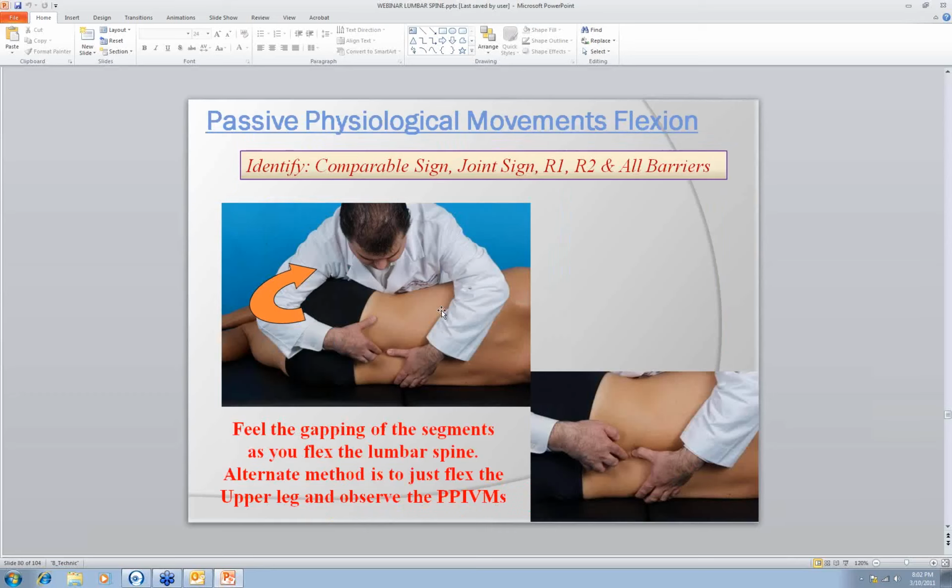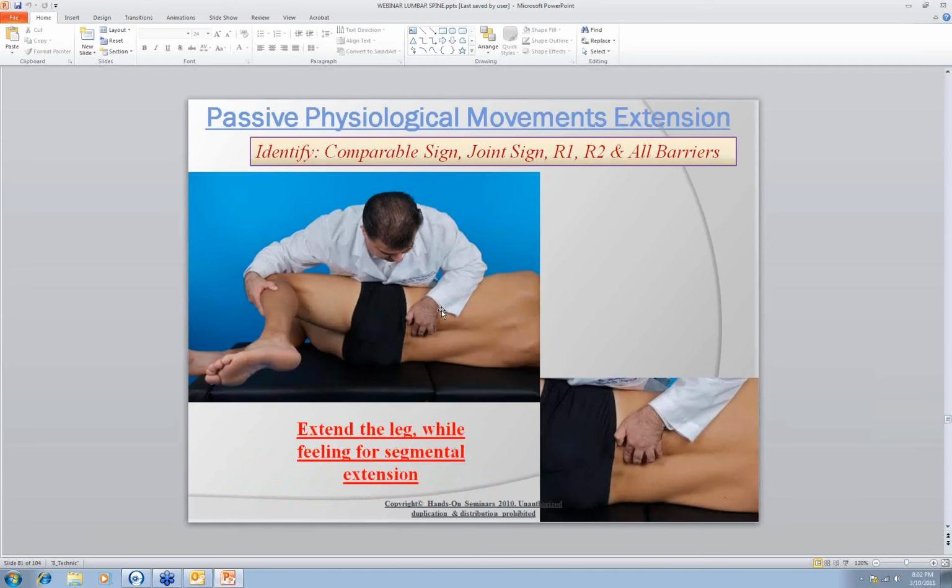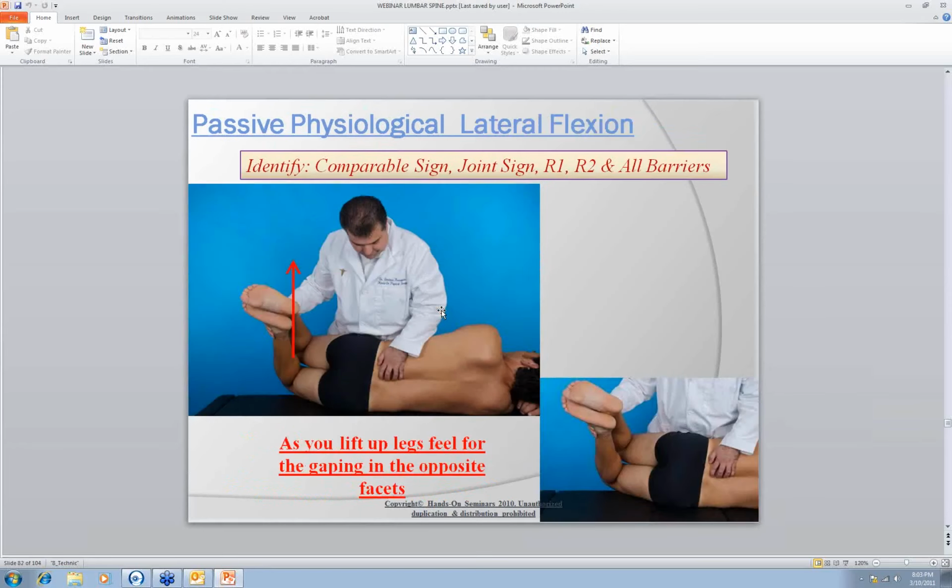At the same time, we look at passive physiological movements. So we move the joints, the facet joints, in specific directions, reproducing passive movements, so that we can see which of these movements will provoke and cause symptoms.